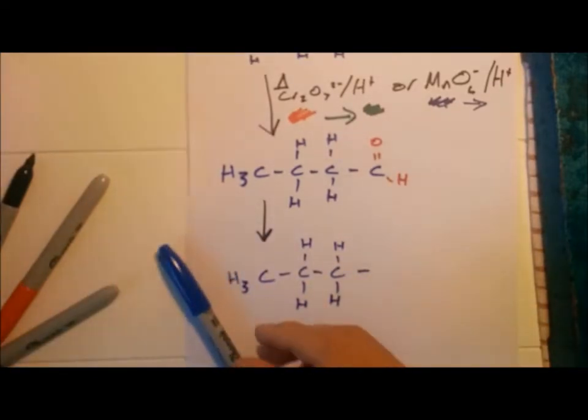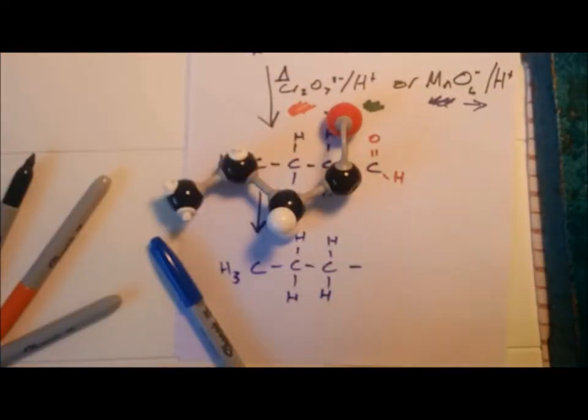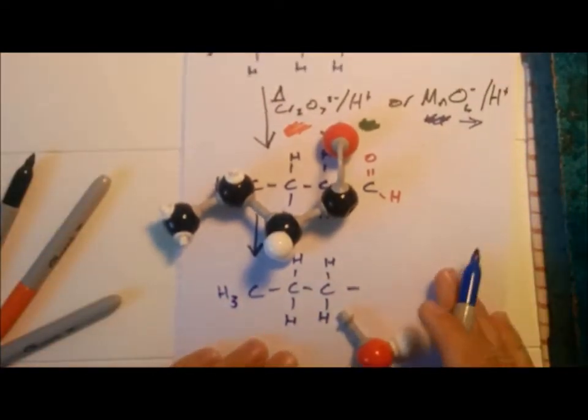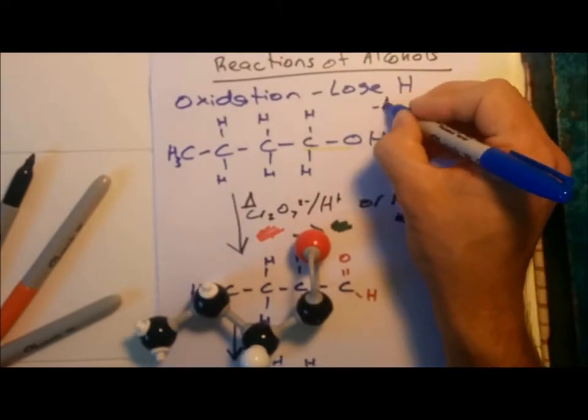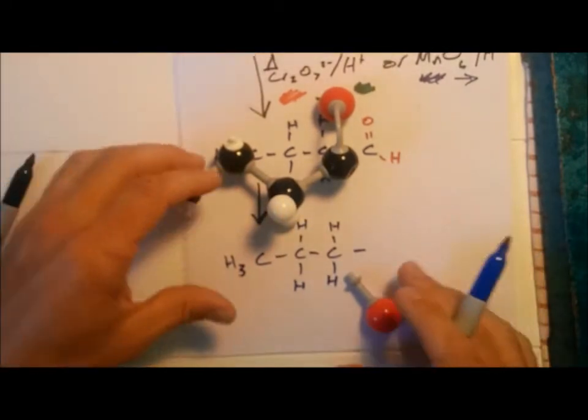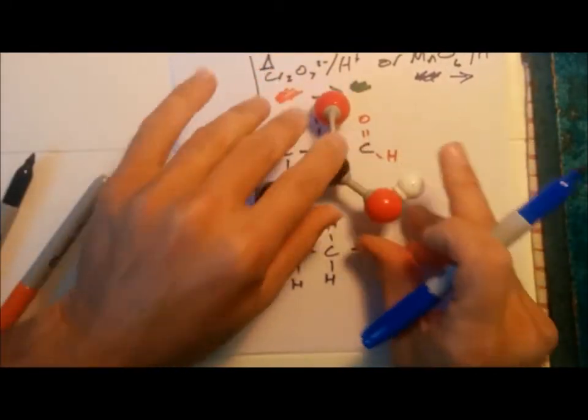So in that case, we just end up adding, this is the second definition for oxidation, or one of the ones that I didn't talk about up here, but another one is we could also add an oxygen. So we are going to add an oxygen to this. So we add an oxygen over here.